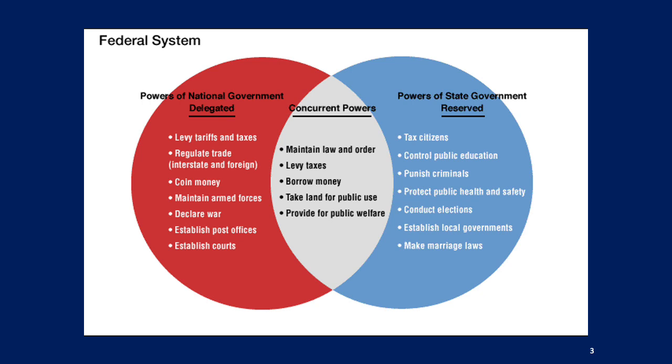We also have powers of state government, and these are known as reserved powers. They belong to the state government. And finally, we have powers that are concurrent. These are shared by the federal and state governments.